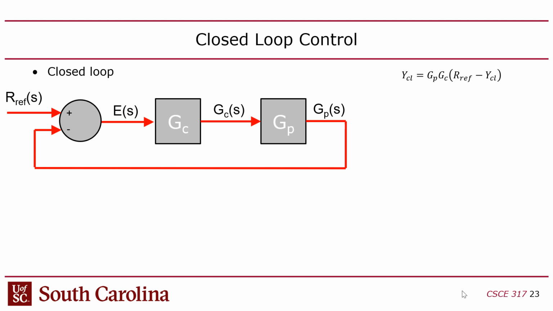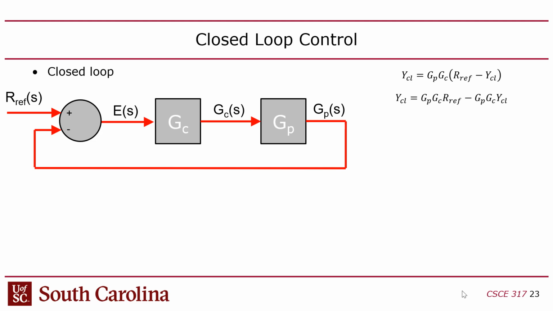Now it seems simple, but again, we're relying on the fact that these S-domain transfer functions can just be multiplied together. So we could take this and multiply it out. You've got GP GC times R ref minus GP times GC Y CL.